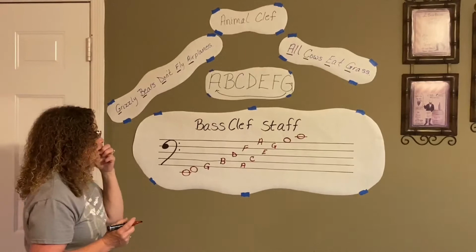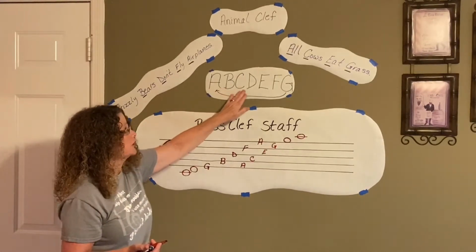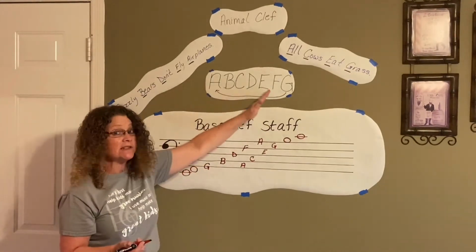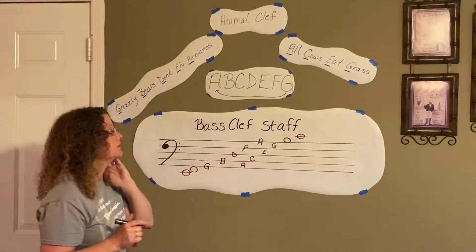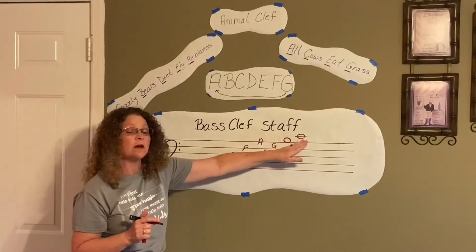Now, boys and girls, we learned with the treble clef, we go in order, alphabetical order. When we get to G, we start again at A, and we just keep doing this process as we are going up the staff. So we're going to first figure out the names of these 2 pitches above the staff.